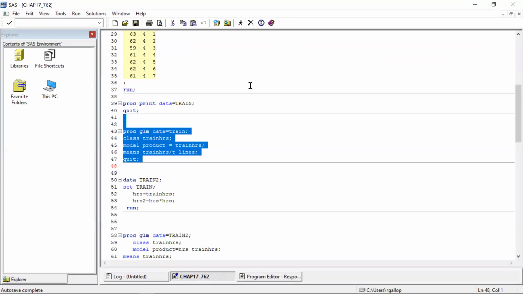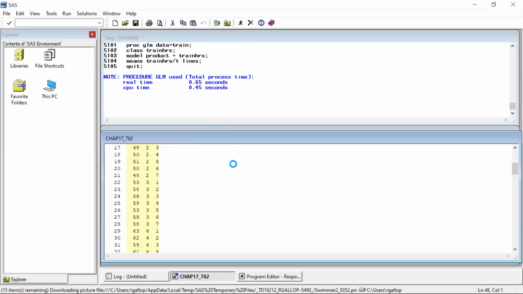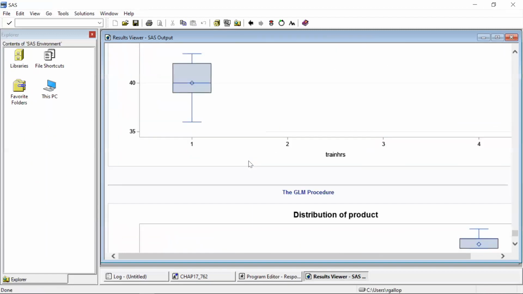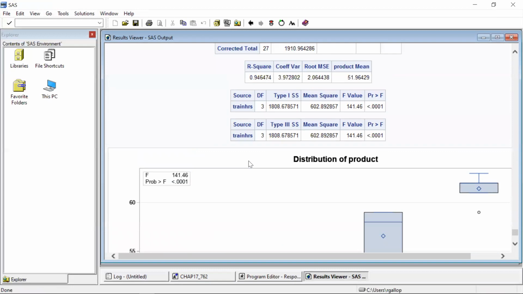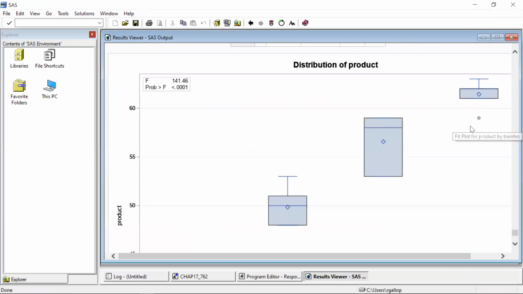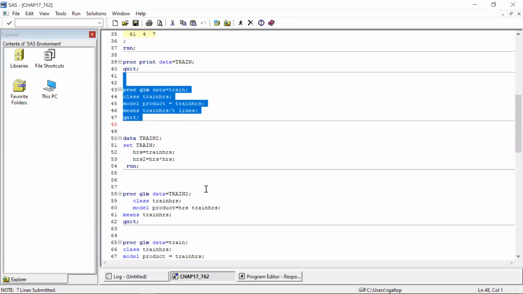Well, maybe we can think of training hours not necessarily as a categorical predictor, but as a continuous predictor. So in reality, as we go across the estimated means, is there a linear pattern as a function of time?